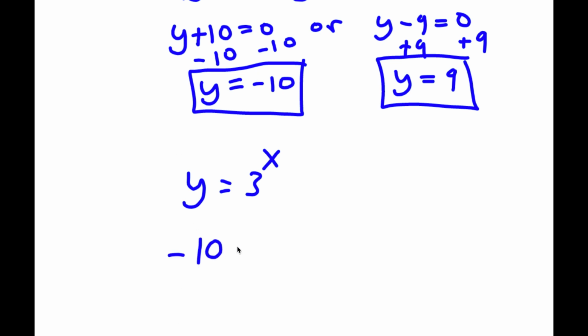So if y is equal to negative 10, we get negative 10 is equal to 3 to the power of x. And this equation actually has no solution because you can't plug in a real exponent and receive a negative number. So this is wrong.